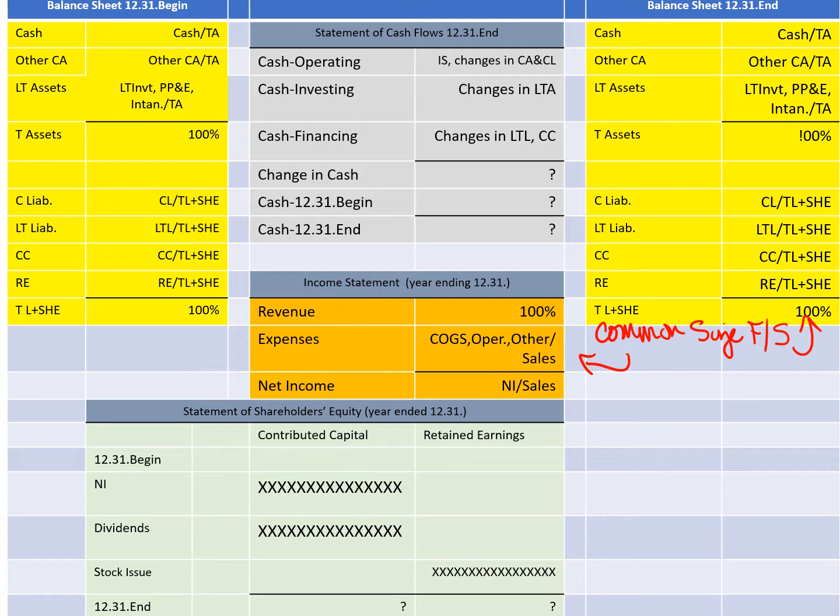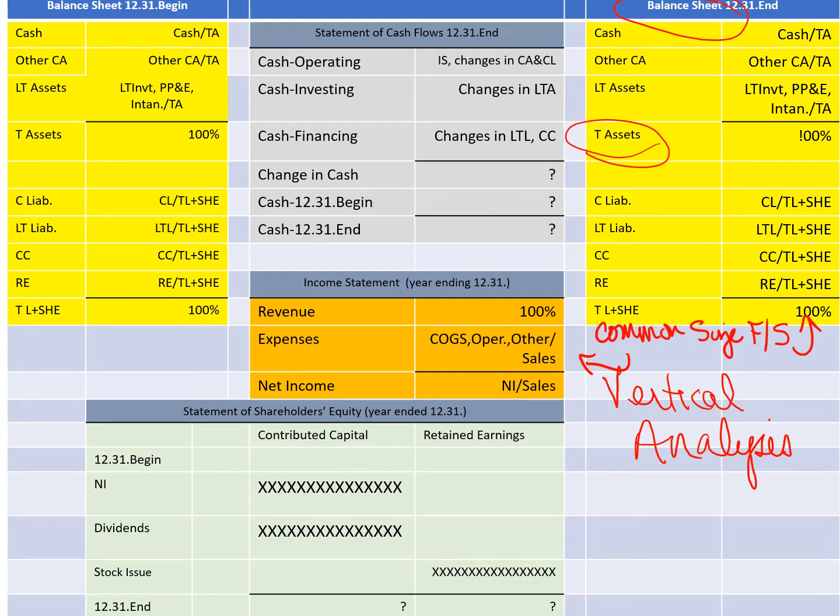Whereas when we do common sizing, also known as vertical analysis, what you're doing is expressing everything in that financial statement in terms of 100% of something. So if we're doing a balance sheet, it's 100% of the total assets.